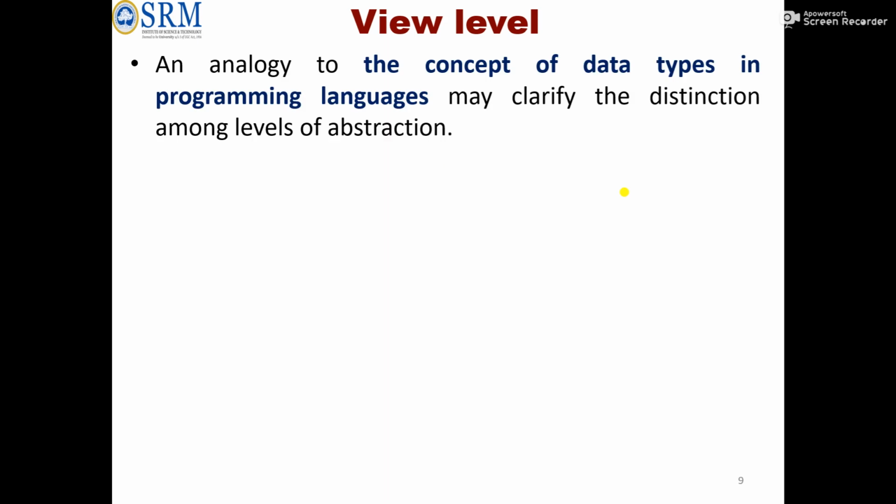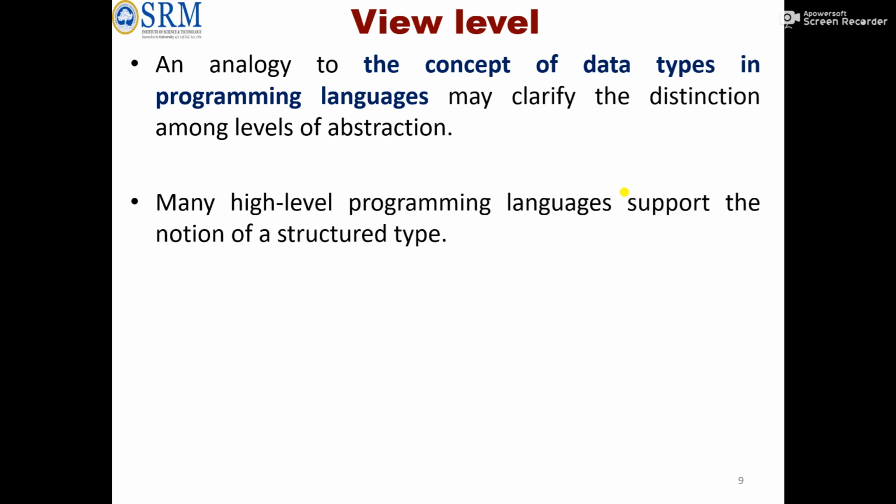So this view level is similar to the concept of data types in programming languages. Because every data item is based on different data types. To support this, we need to use a notation called a structured type.